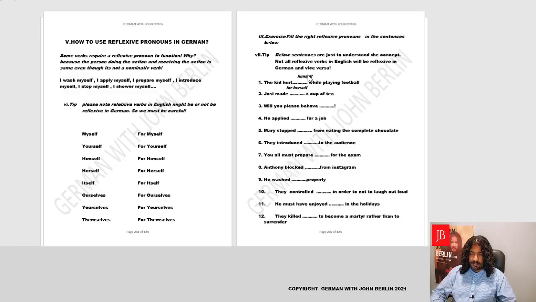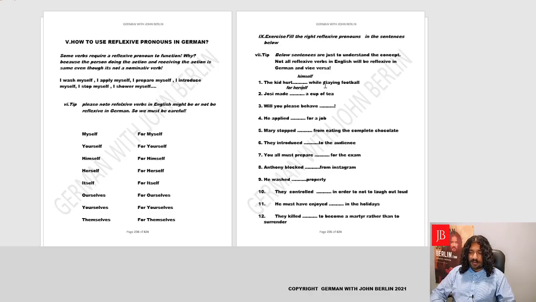Whom does he hurt? Himself. But when the accusative part of a sentence is a thing like tea, who makes what? Josie makes tea. For whom? For herself. So whenever the accusative part of a sentence is a thing, your reflexive pronoun would always be dative. That's a quick tip to understand when to use accusative and when to use dative reflexive pronoun.